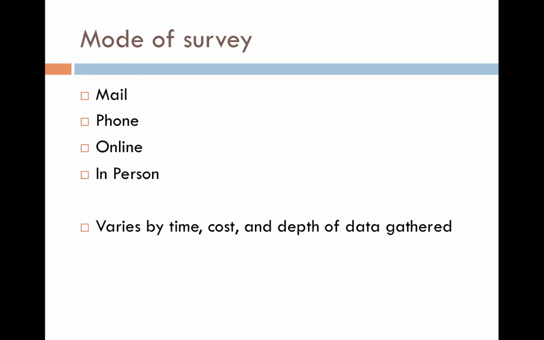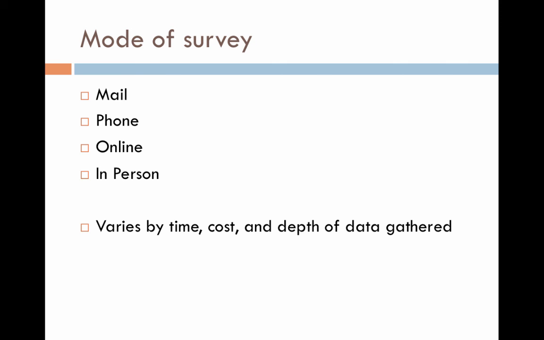So some things to think about are what type of survey you might do and what the mode of application is. You might do it by mail, over the phone, online, or in person. This is going to depend on the type of data you're gathering, how much time you have, the cost, and who you're trying to reach. If you're trying to reach people perhaps ages 60 and above, online might not be the best place.